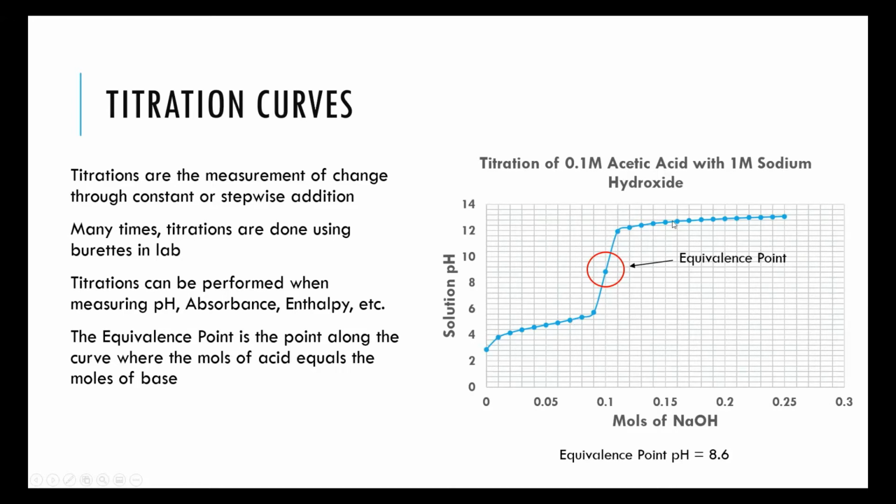These titration curves are performed without the use of an indicator because you're using the curve itself to figure out what type of indicator would be useful with this type of titration.